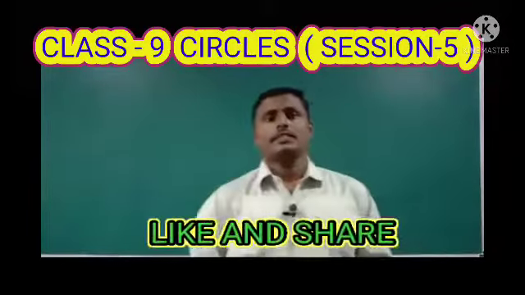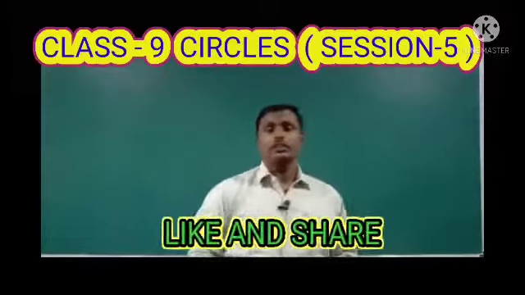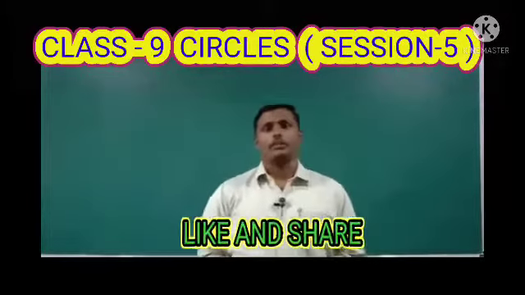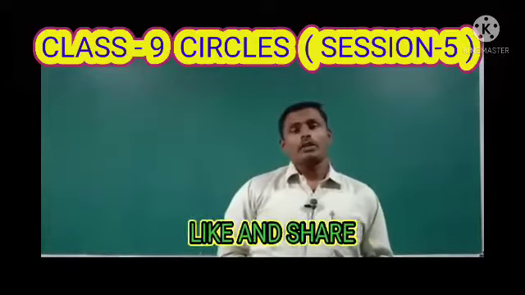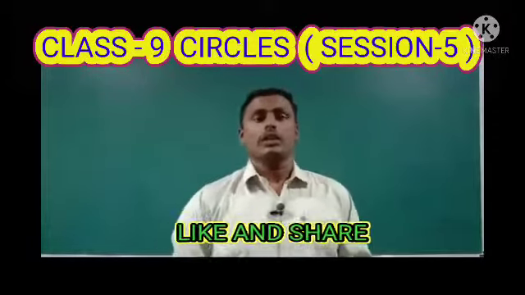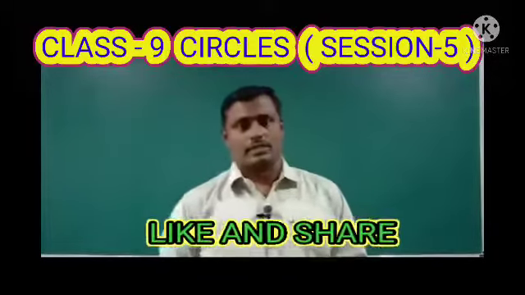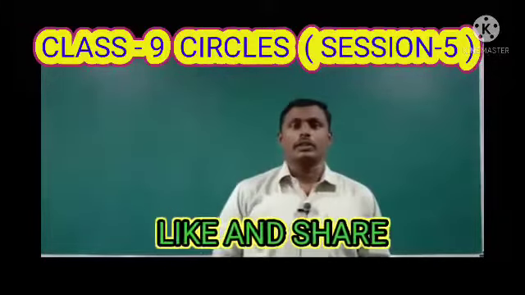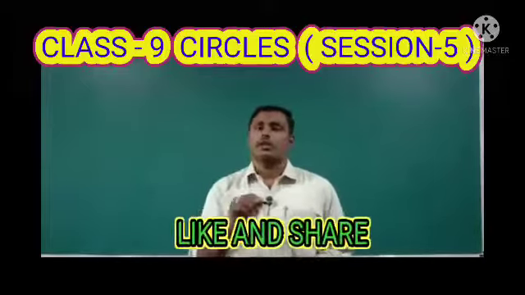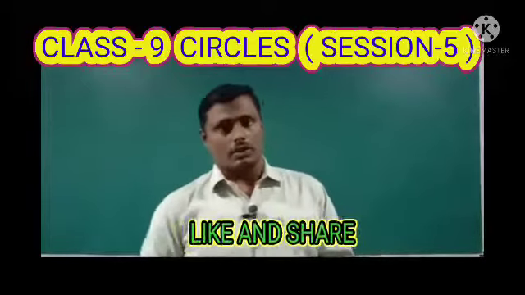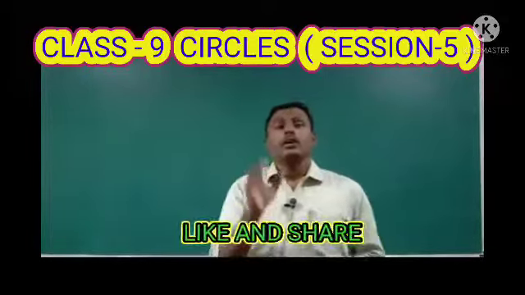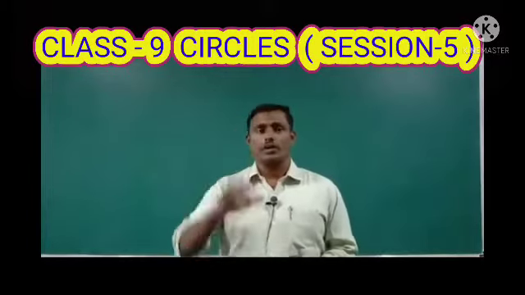In the last session, the fourth session, we already discussed some numerical problems, all based on the theorems you have already learnt in the previous classes. For example, the line drawn from the center of a circle perpendicular to a chord bisects the chord into two equal parts.